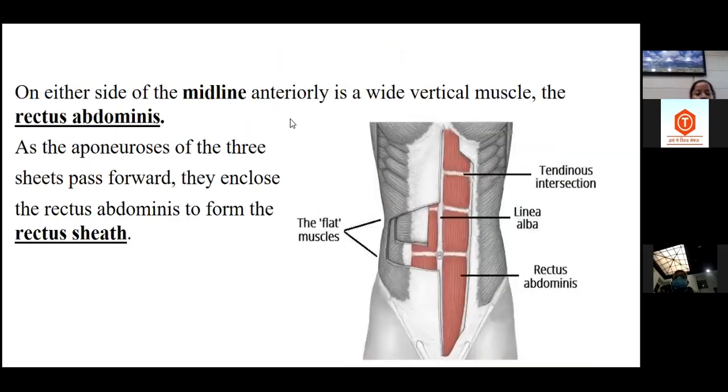On either side of the midline anteriorly is a wide vertical muscle, the rectus abdominis muscle. As the aponeuroses of the 3 muscle sheets pass forward, they enclose the rectus abdominis to form the rectus sheath.